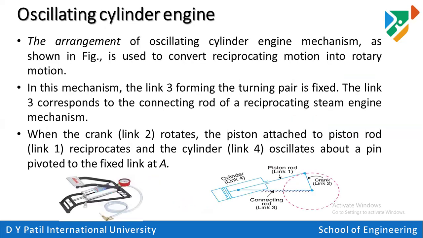Then next we have oscillating cylinder engine. Okay. Now in case of oscillating cylinder engine, we are converting reciprocating motion into rotary motion. Basically, this mechanism is used in air pump. Okay, so we have foot pump available.